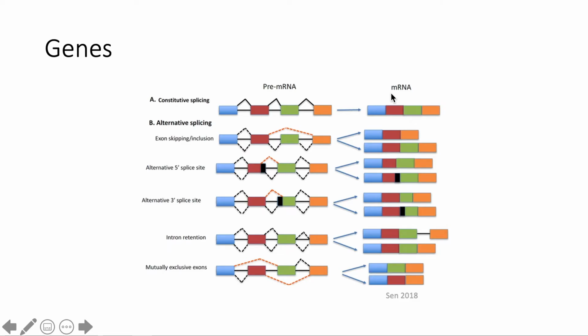But there are variations of that splicing. So here, for example, there is a skip between exon 2 and exon 4, and we have a different mRNA. And here, for example, the mRNA doesn't have this part in black of exon 2, that is the red one.